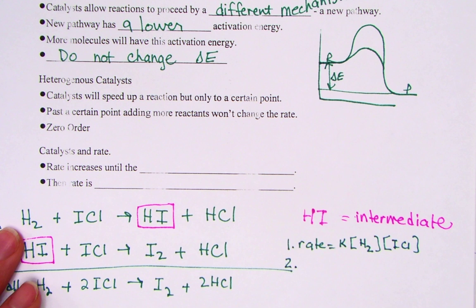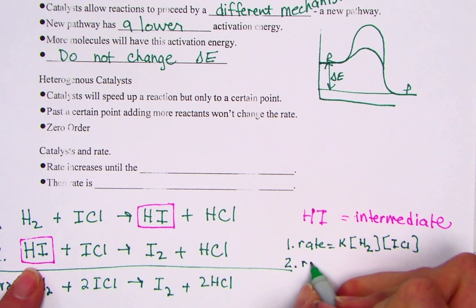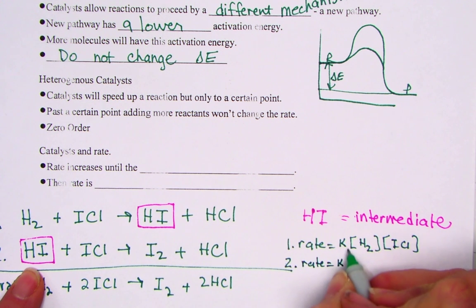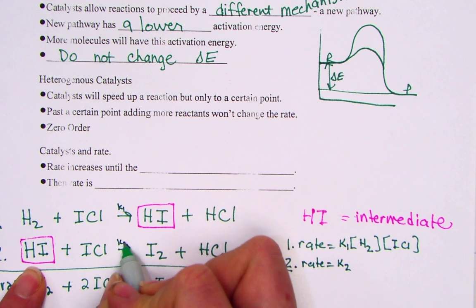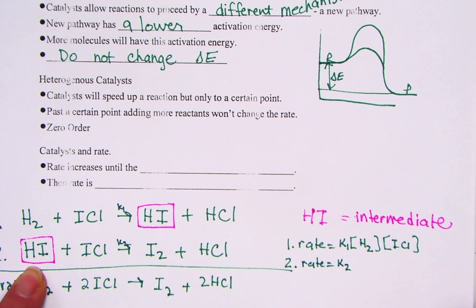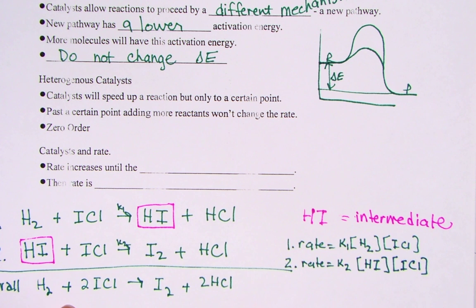The second elementary rate law would look like rate is equal to K, and this could be called K1 and K2 for our elementary reactions, times the concentration of HI times the concentration of ICl. The intermediate appears in the elementary rate law. It does not appear in the overall equation. So we've written the rate laws for each elementary step.